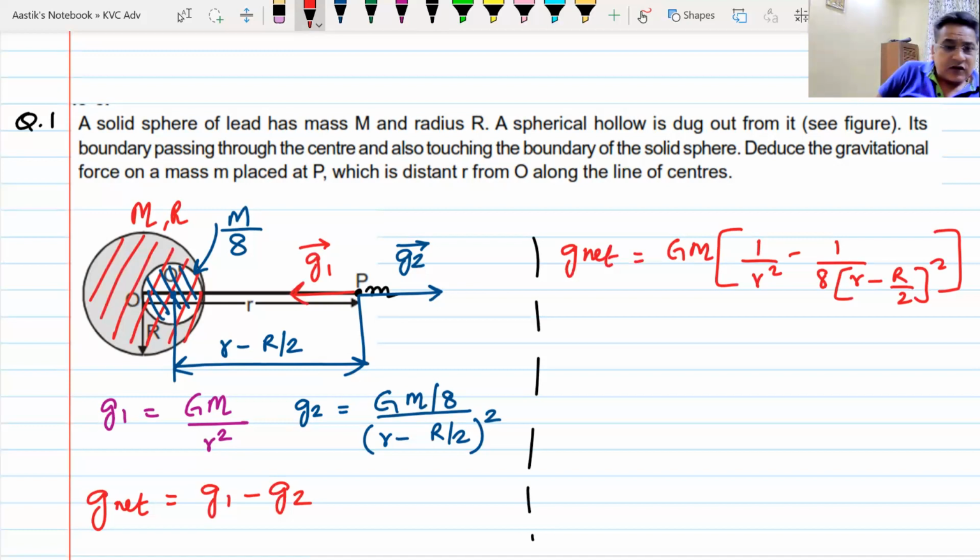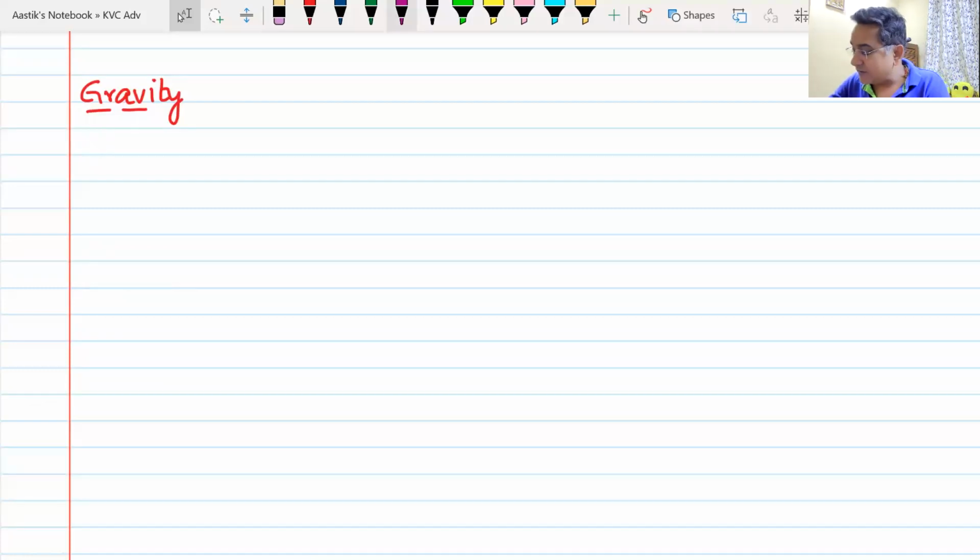So we will call it a day here. Then I will move on to the next heading. Since we are dealing with gravitational field, this is the time that we can deal with gravity. What is gravity? Now we have devised this term gravity, and this gravity stands for gravitational force of Earth.